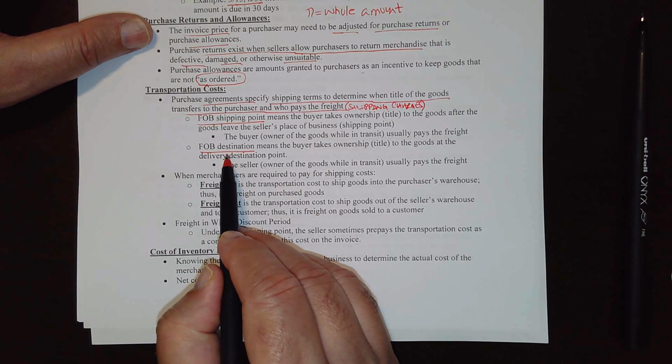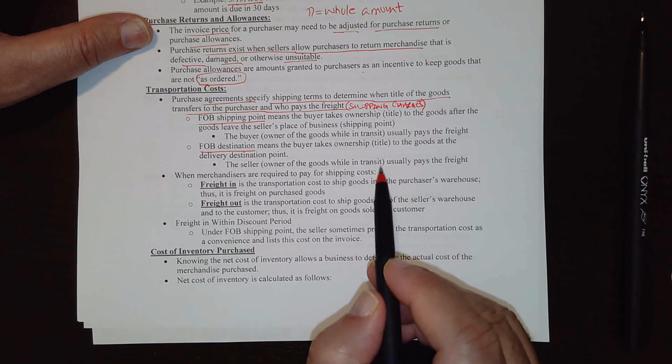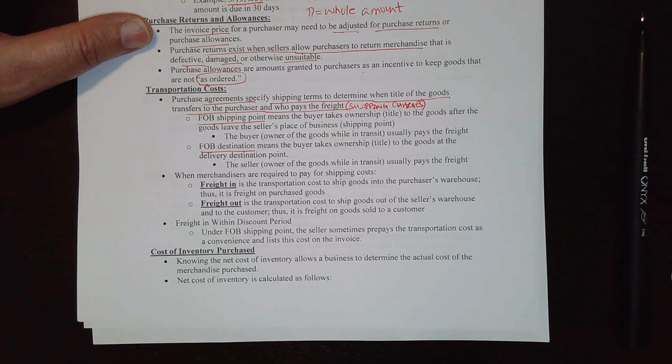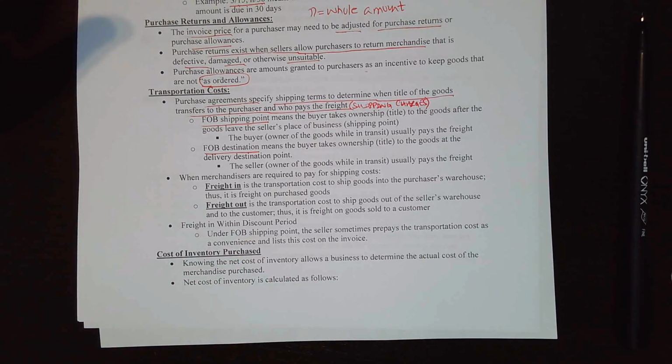FOB destination simply means that once the vendor gives the product to UPS or FedEx and they take it, once they reach the destination, then the ownership will be transferred once UPS or FedEx hands the merchandise over to the purchaser.